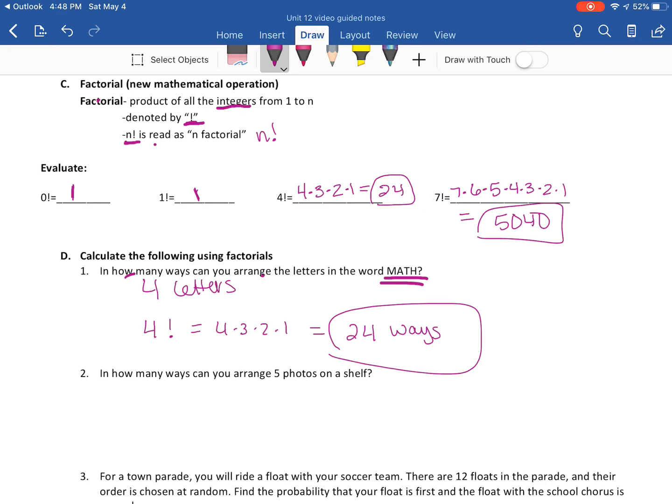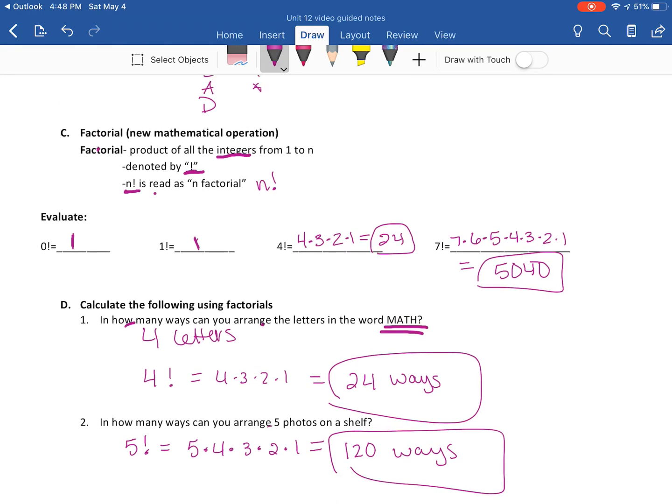This would be a good time to pause and try number 2 for yourself. How many ways can you arrange 5 photos on a shelf? Well, this would be 5 factorial. So it would really just be 4 factorial times 5. But 5 times 4 times 3 times 2 times 1 would be 120. So there are 120 ways that you can arrange 5 photos on a shelf.